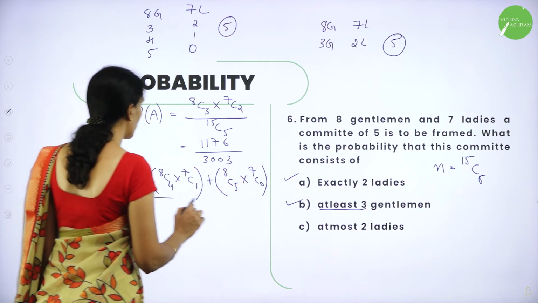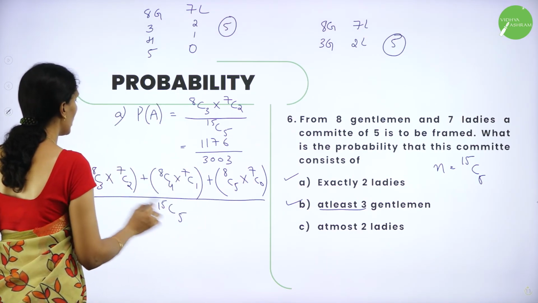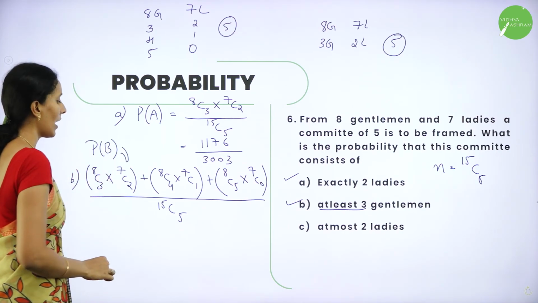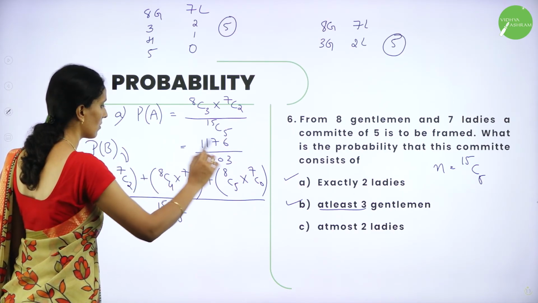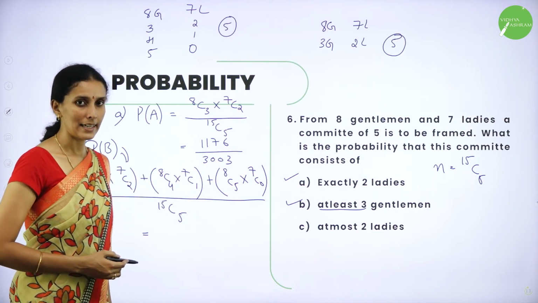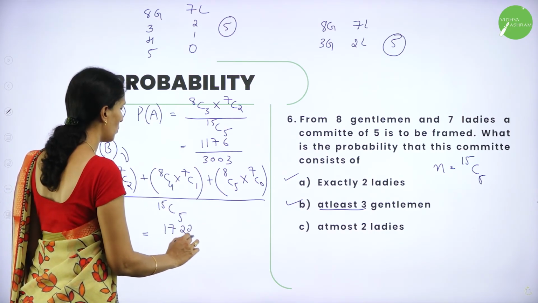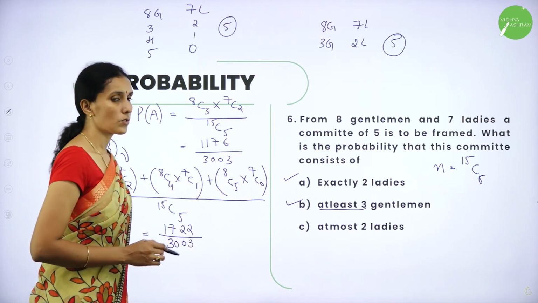The total is divided by again 15C5. If I take this as the probability of event B, then on calculating this, we will get 1722 whole divided by 3003. This is what I get.